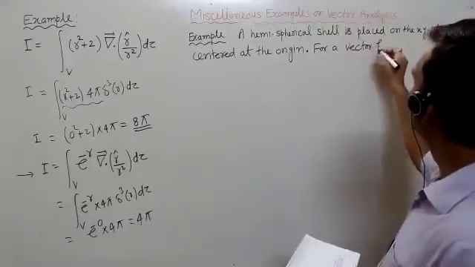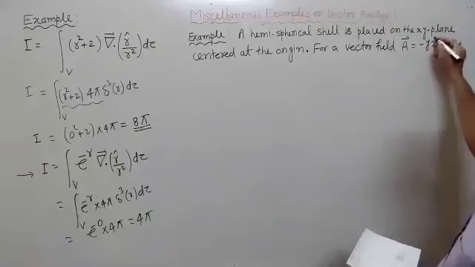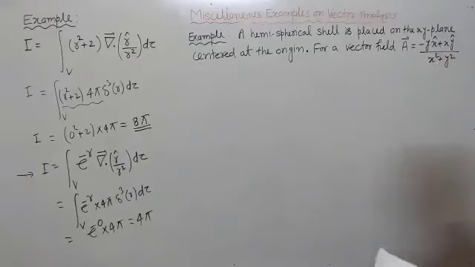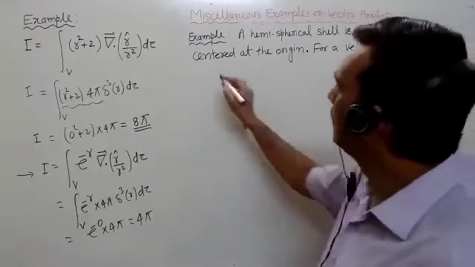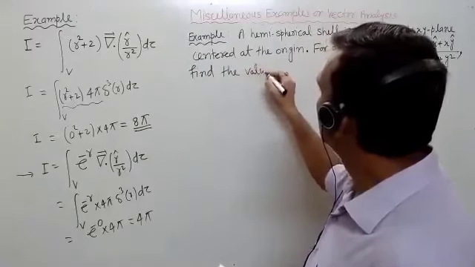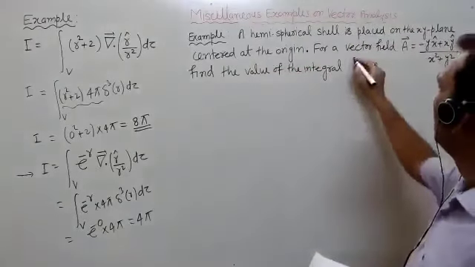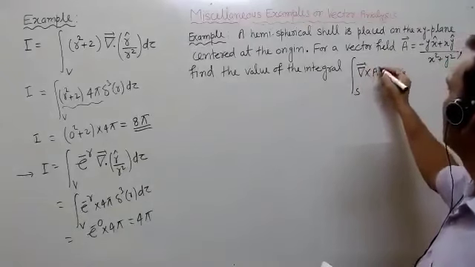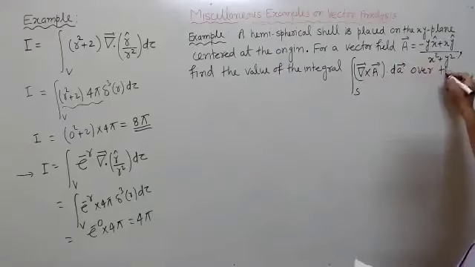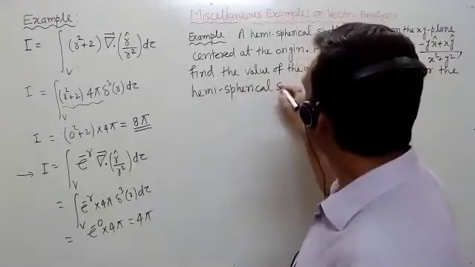For a vector field A is equal to minus y x cap plus x y cap by x square plus y square, find the value of the integral del cross A dot dA over the hemispherical surface.